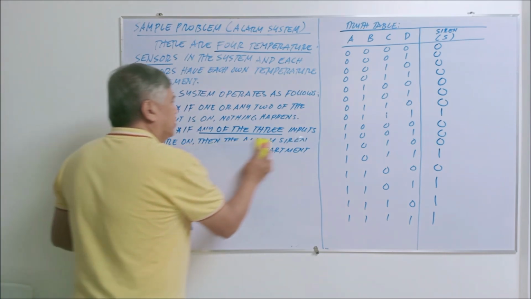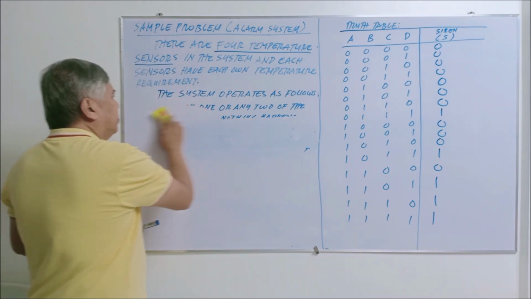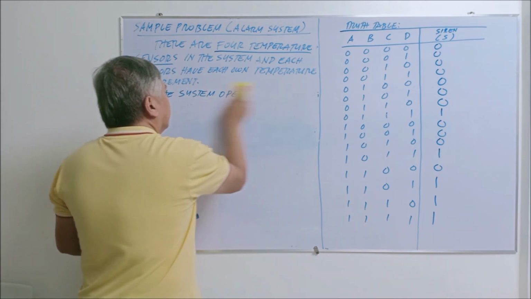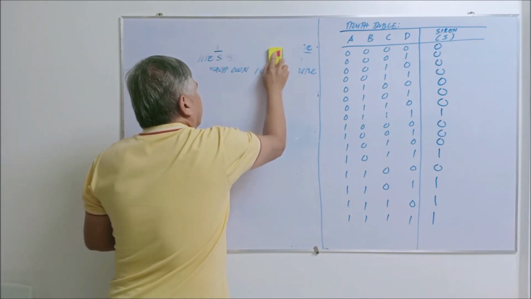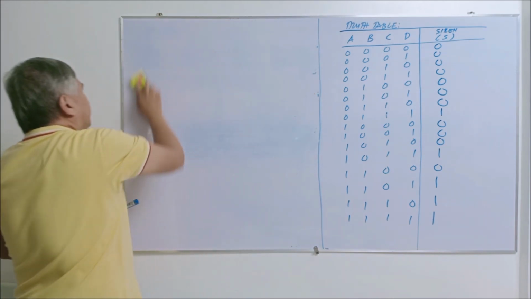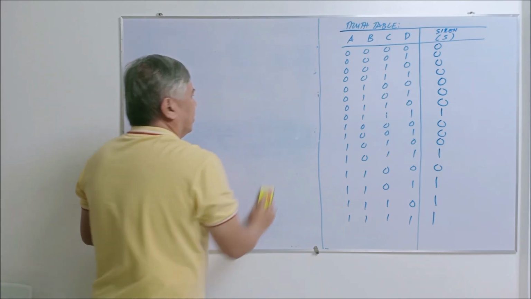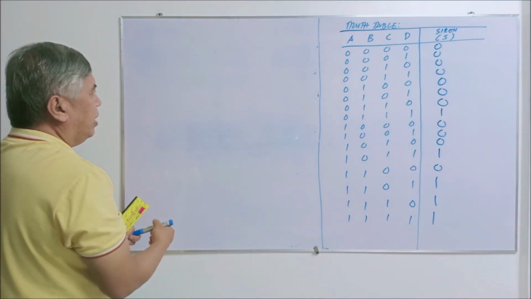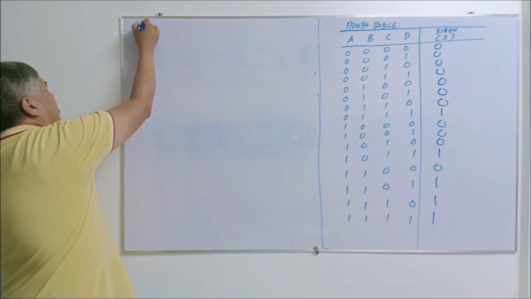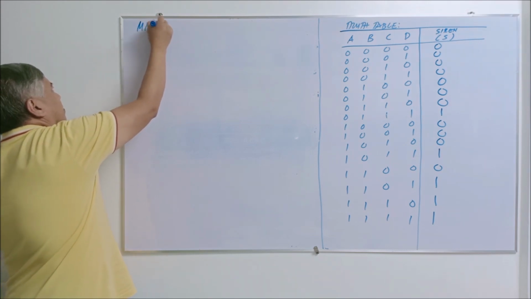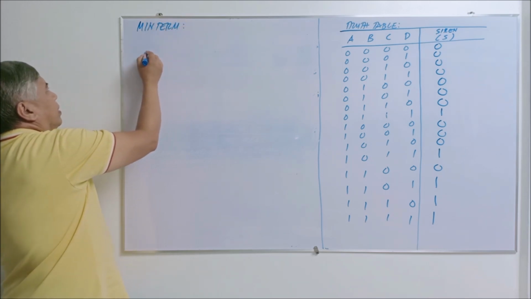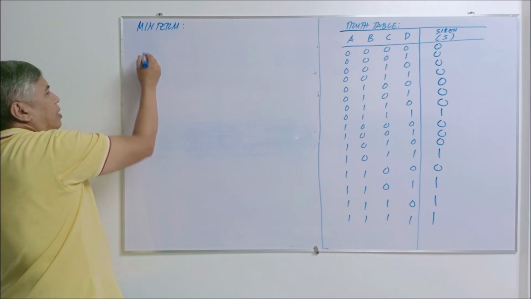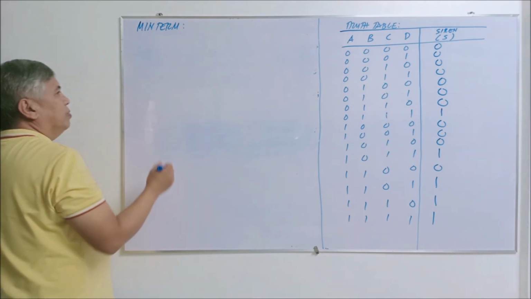Okay? Now, let us obtain the logical circuit equivalent using our K-map. Okay? So let's say we use first the min term. Okay, so it is represented by summation of small letter n.